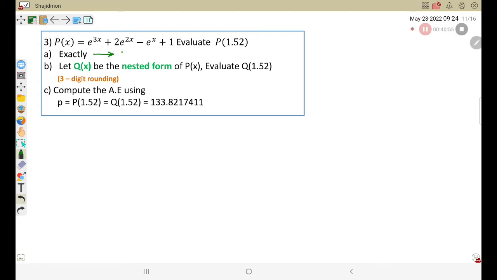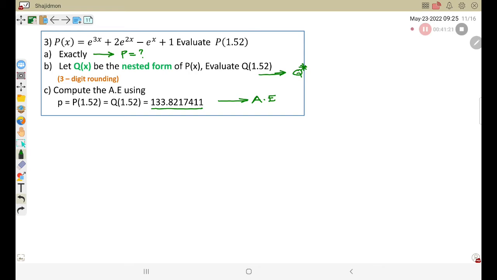We need to calculate P. Using the nested form, evaluate the Q value at 1.52. Use 3 digits rounding. We need to calculate Q star, nested form, approximate number, 3 digits rounding. Then compute the absolute error from part B. The exact value is already given here for your reference.